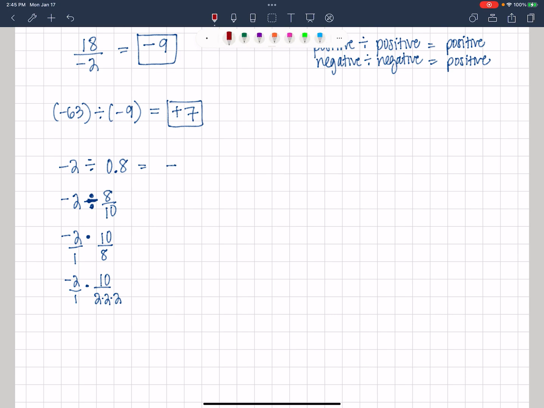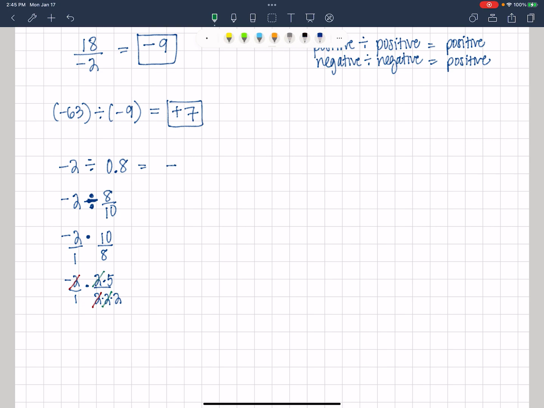And look at this. This 2 cancels out with one of those. And that 10 in the numerator is the same thing as 2 times 5. So I'm going to be able to cancel out the 2 with one of these 2's.